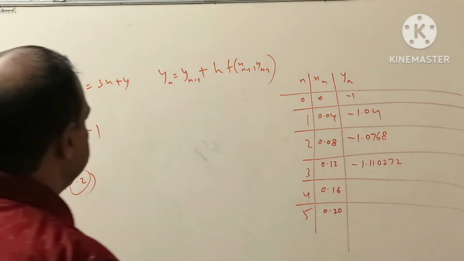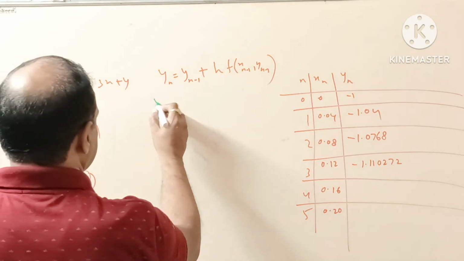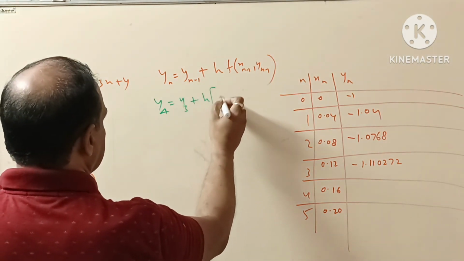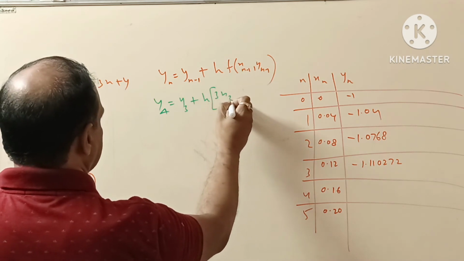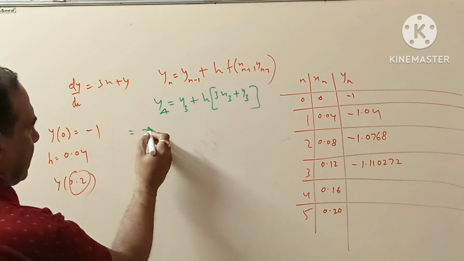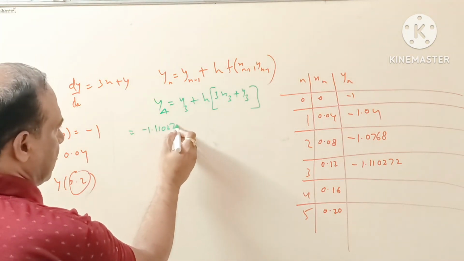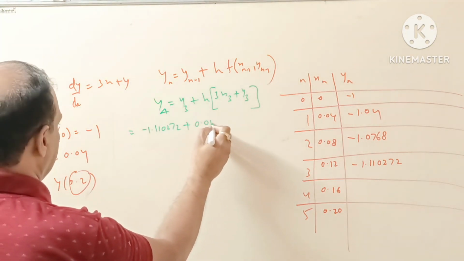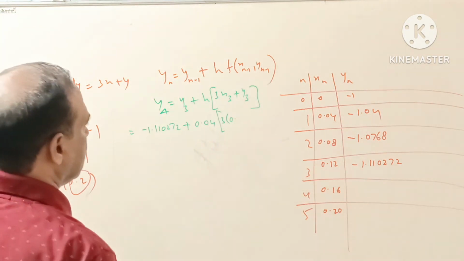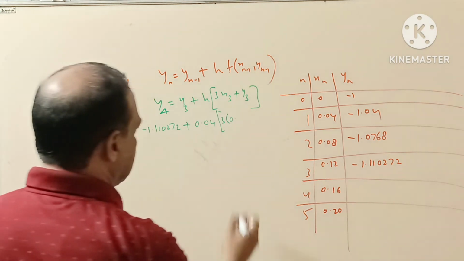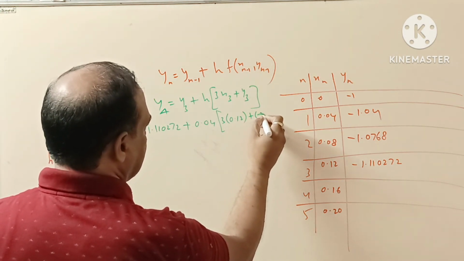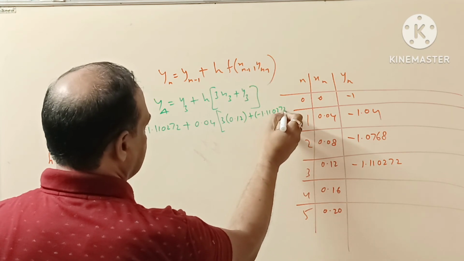Now I am going for y4. y4 equals y3 plus h times 3x3 plus y3. Here y3 is minus 1.110272. 0.04 is h. 3 times x3, 0.12, and y3 is minus 1.110272.